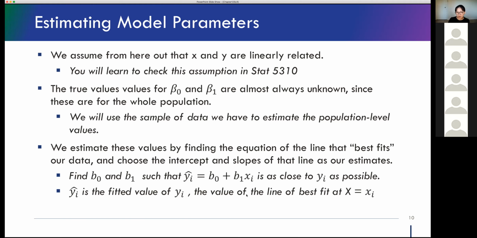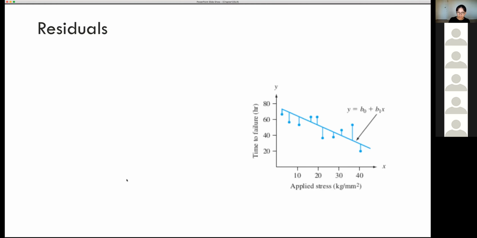So this yi hat is the value of the line of best fit at xi. So basically we need to find B0 and B1 to make that line as close as possible to our data.